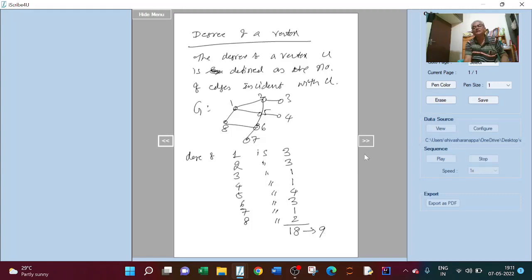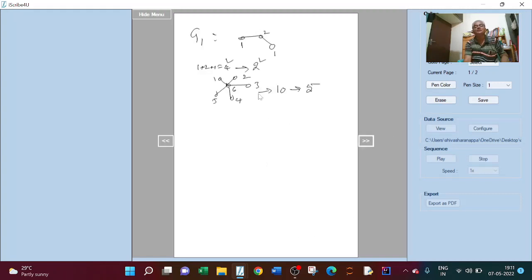In the second example also, the sum of the degrees is equal to twice the number of edges. Here also, the sum of the degrees is equal to twice the number of edges. So that means we observe that the sum of the degrees is equal to 2 into the number of edges.